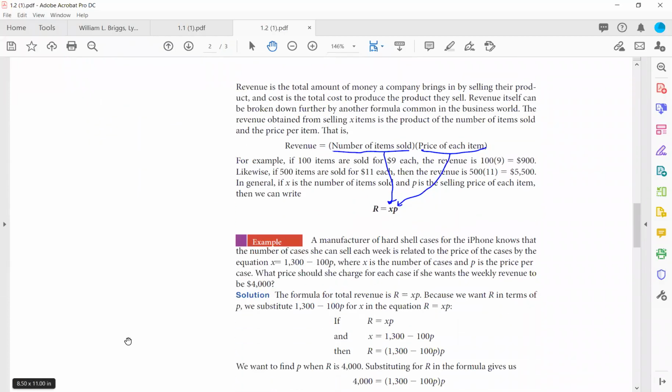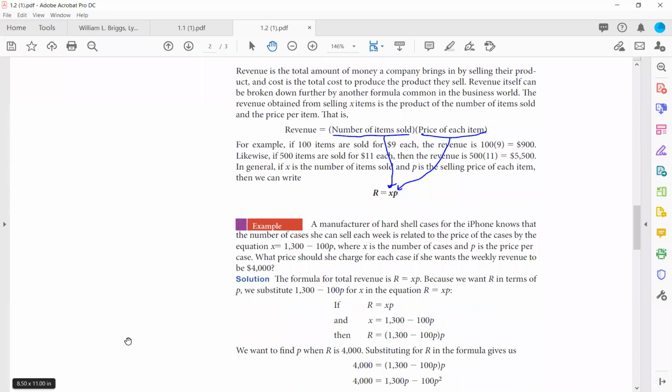Example: a manufacturer of hardshell cases for the iPhone knows that the number of cases she can sell each week is related to the price of the cases by the equation x equals 1,300 minus 100 times p.